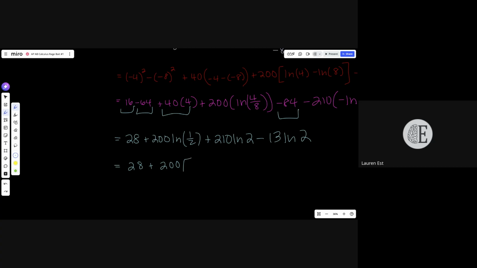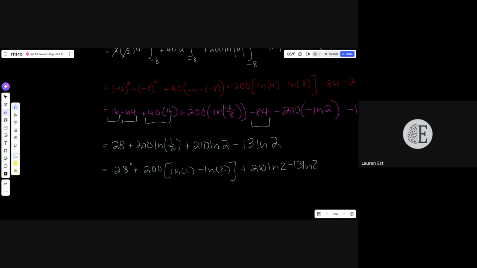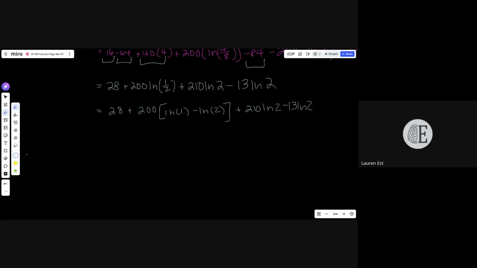I'm going to take my 200 ln of 1 minus ln of 2. 28 plus 200, this cancels, minus ln 2. So if I pulled out the ln of 2, right, 210 minus 13 is 197.